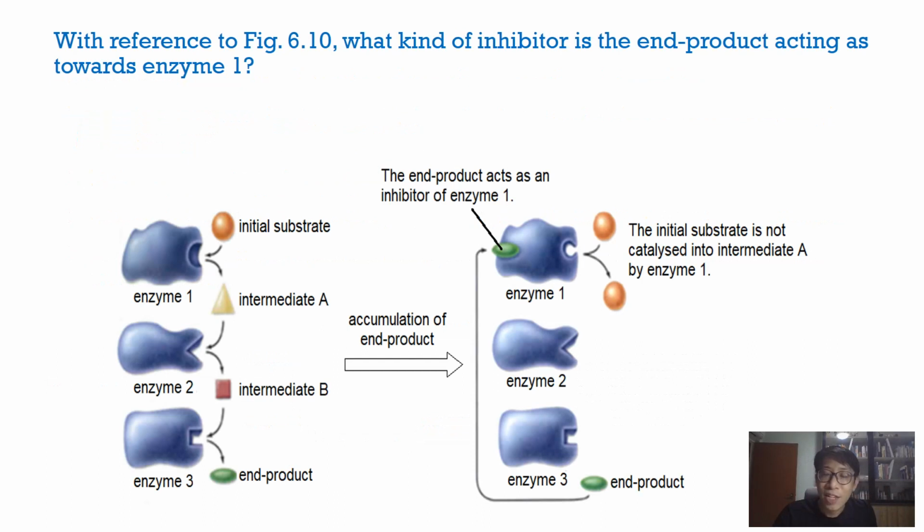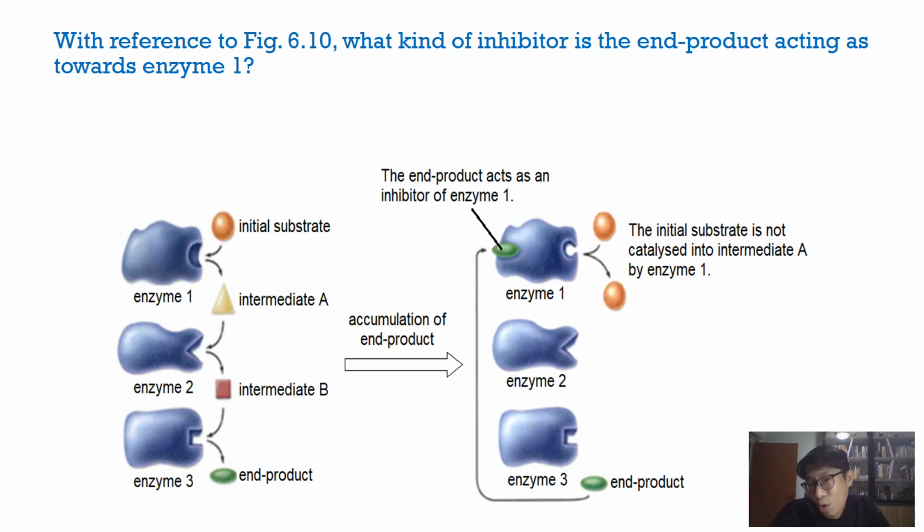Okay, so looking at the question that you have in the notes. When you look at this example in figure 6.10, the end product acts as an inhibitor to enzyme 1. What kind of inhibitor is it? Of course, it's an end product inhibition, but what kind of inhibitor is the end product acting as when you focus on enzyme 1?